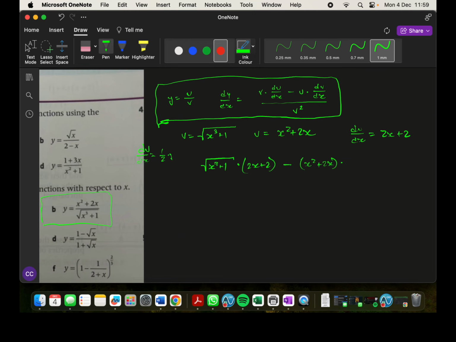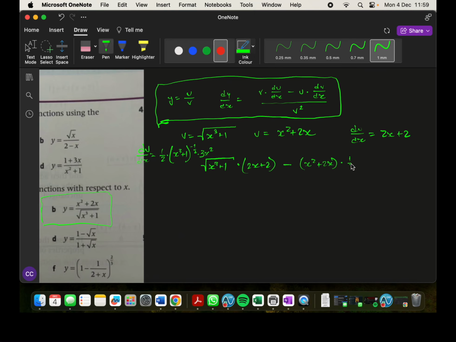times x cubed plus 1 to the negative 1/2 times 3x squared.